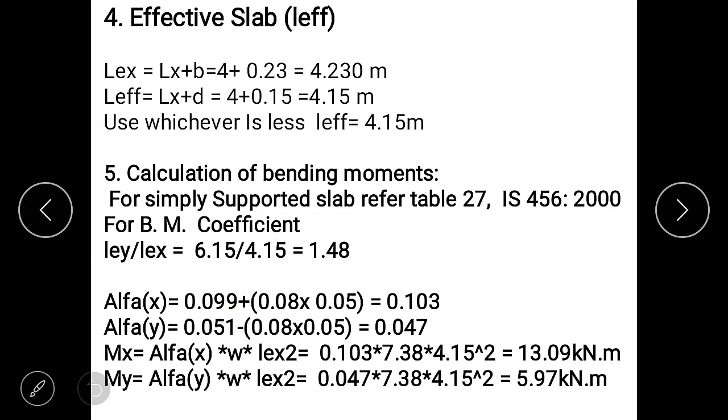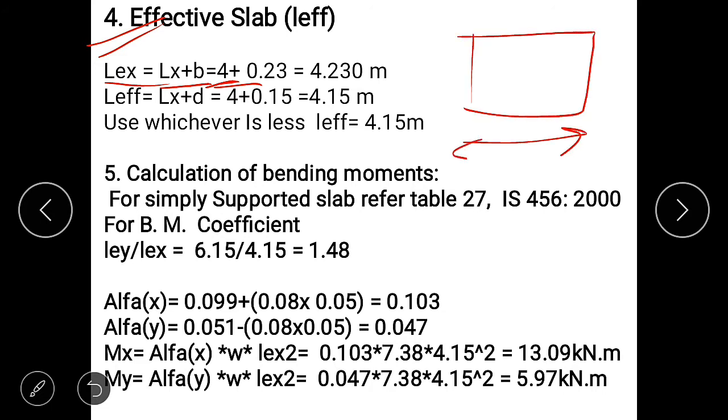Now we have to find the effective span of the slab. We find the effective span for the shorter span. Our width of the shorter span is 4. So L effective is equal to Lx plus B. Lx is the length in the x direction, meaning the shorter span.